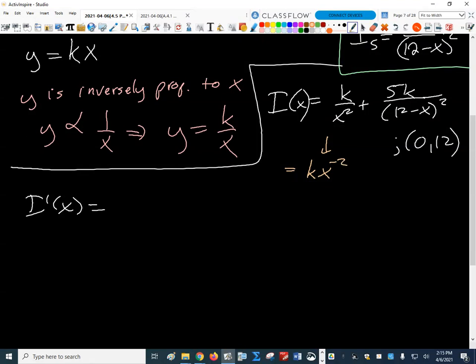Yeah, I can just write it as k x to the minus 2 plus 5k times the quantity 12 minus x squared to the negative 2. Look at that. Now I can just use chain rule with the generalized power rule. That's a lot easier than having to do quotient rule, right? Okay. So what's that going to give me then when I differentiate the first term?